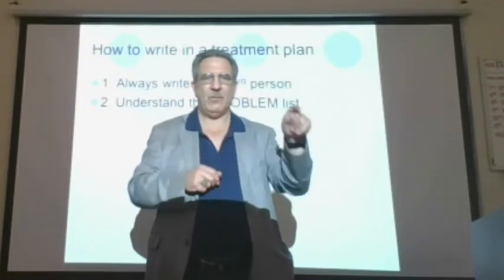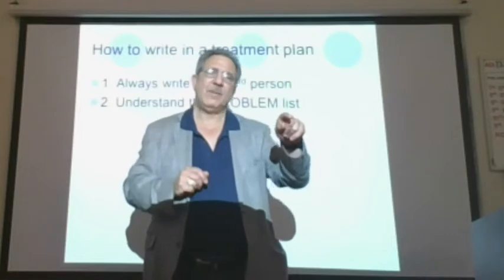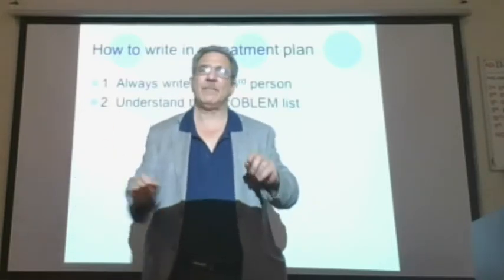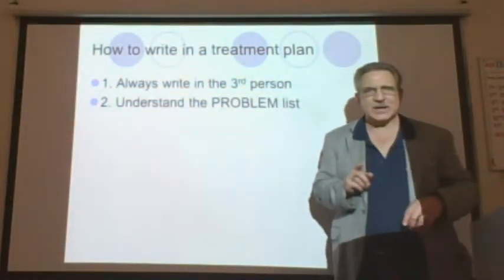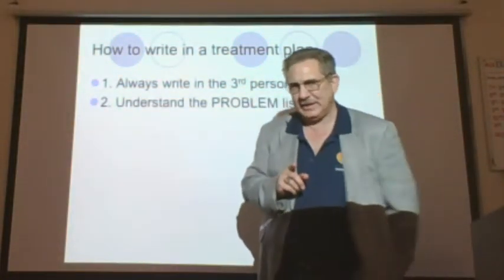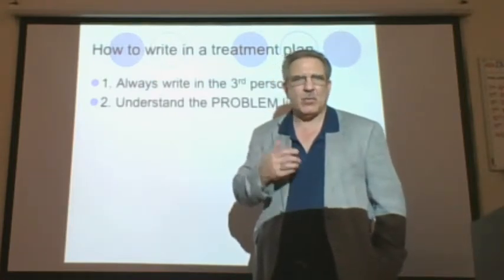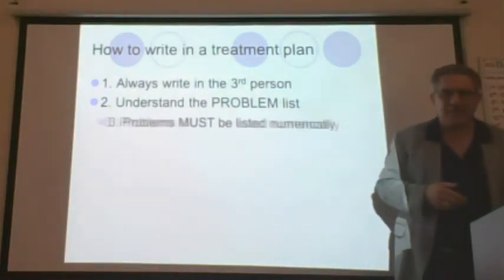You could put 1A, 1B. 1A cocaine, and then problem 1C, alcohol. So understand the problem list. Understand how it works. Understand what each of those words mean, especially when they start talking about environment. What do they mean by that type of environment? You should know.